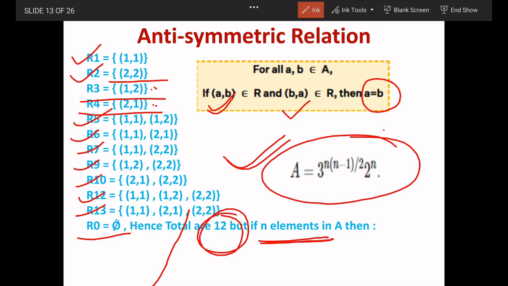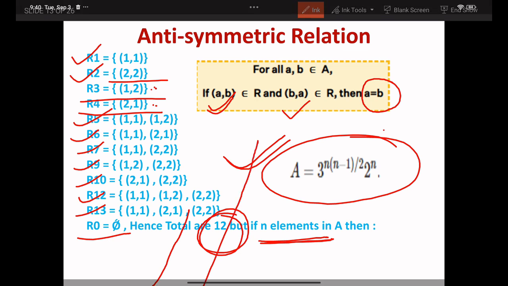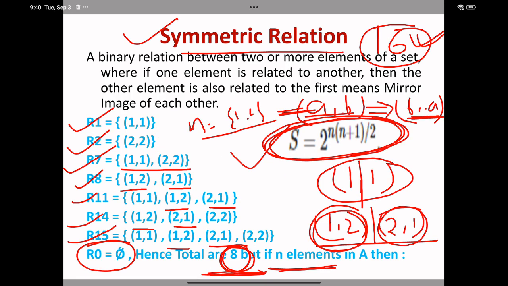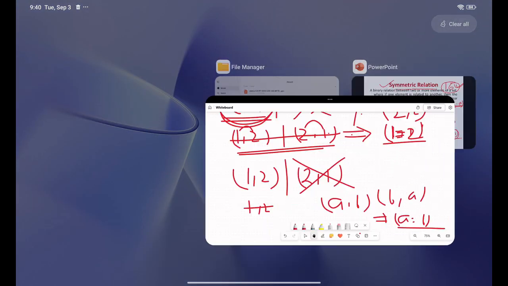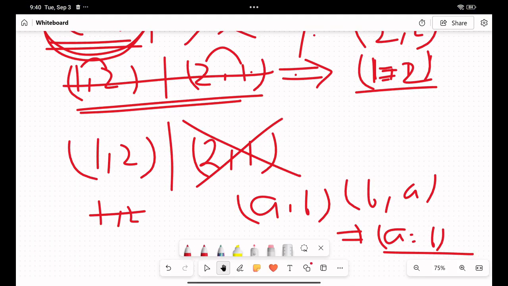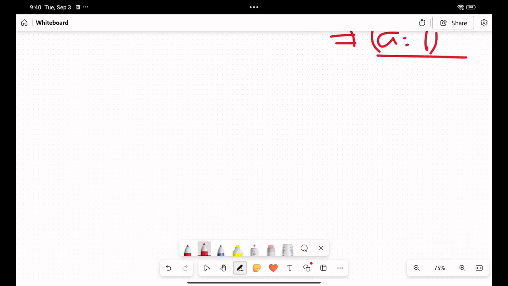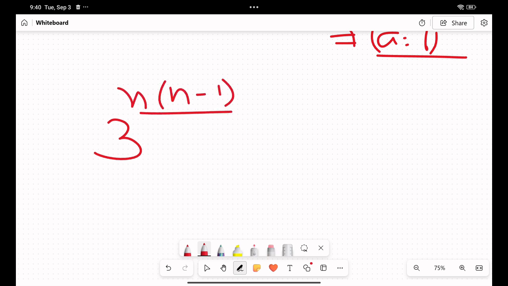Many times they ask 3 to the power n(n minus 1)/2 into 2 to the power n. I will write here if you are not able to understand. This is 3 to the power n(n minus 1)/2 into 2 to the power n.